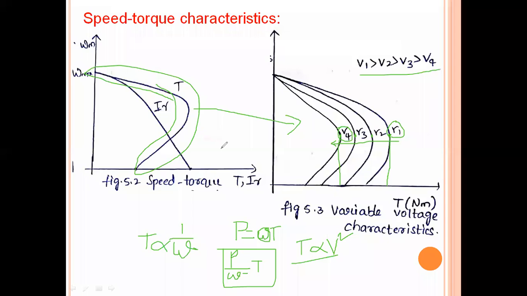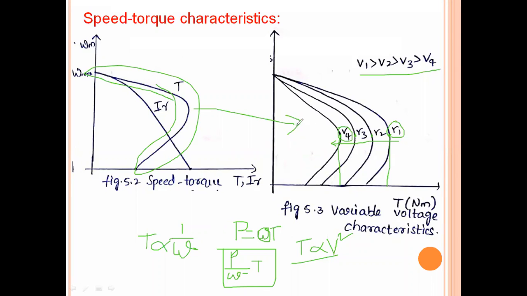For example, fan and pump drives are the best examples. If we decrease the speed, then the torque of the fan also decreases. If you regulate the speed, then the torque also will be regulated, which means if you want to decrease the speed of the fan, then fan produces less torque. If the speed is high, fan produces high torque. So in these applications also, these type of induction motors are very much useful because of these characteristics.